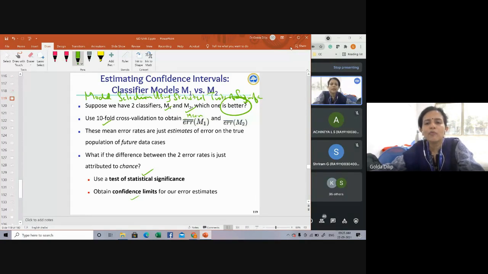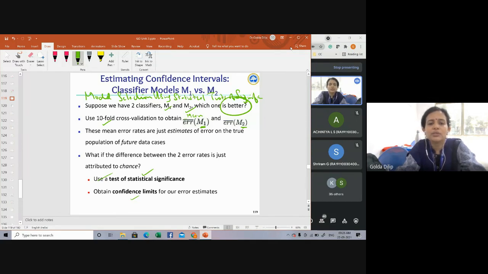The mean error rates of M1 and M2 may appear to be different, but that difference may not actually be statistically significant. In order to determine if there is any real difference between the mean error rates of the two models M1 and M2, we have to employ a test of statistical significance, and then try to obtain the confidence limits for our error estimates.